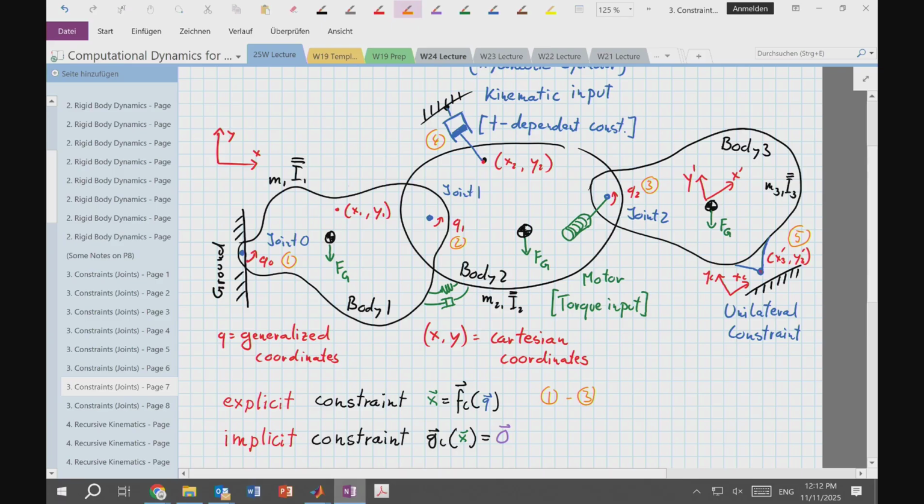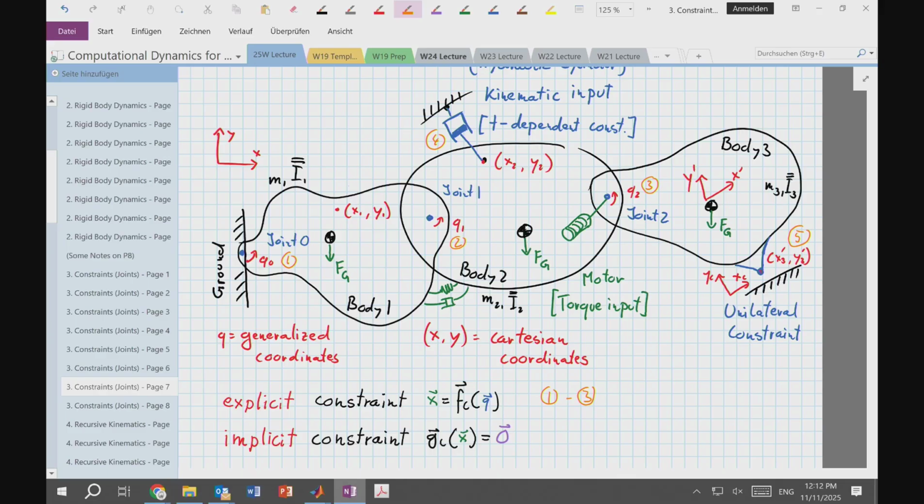What about this guy here, this kinematic input? I could go ahead and describe this as an explicit constraint. But to do that, I would first have to introduce a bunch of additional Qs. A Q that describes how long the cylinder is, a Q that describes what angle it has in space, and so on and so forth.